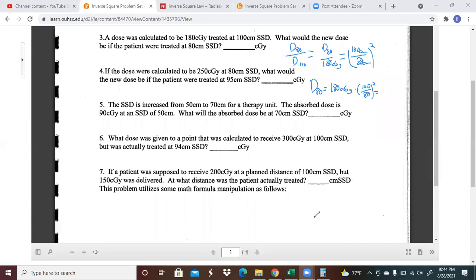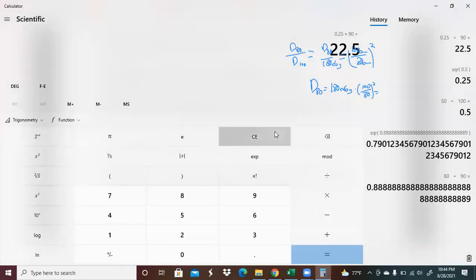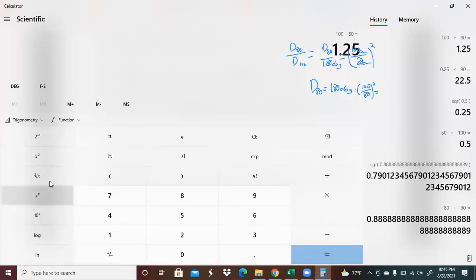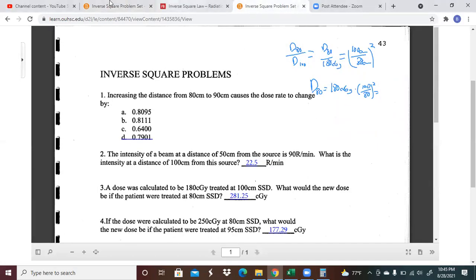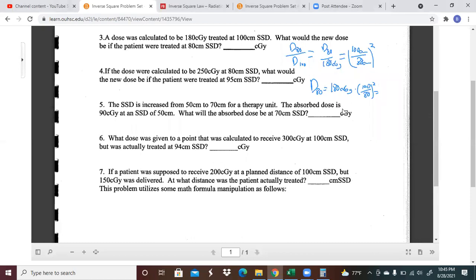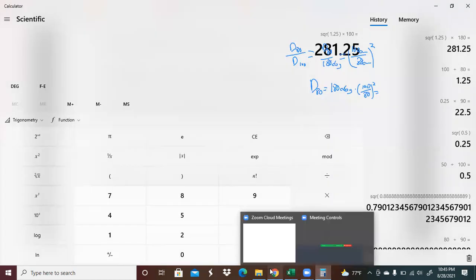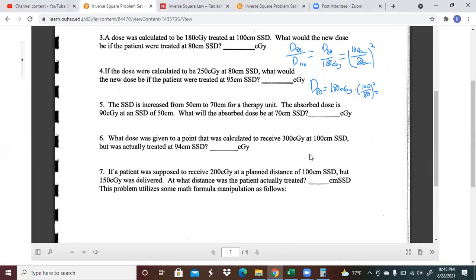Let's see. 281.25. Yep, sure am. Okay. What did we say it was? 281.25. So that's the answer there to number 3.